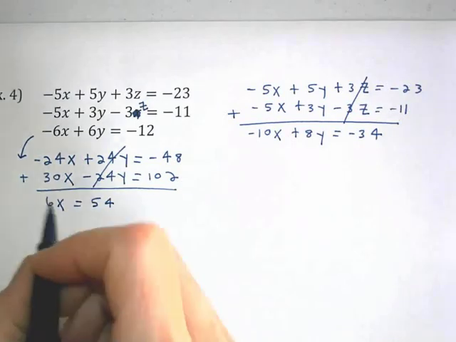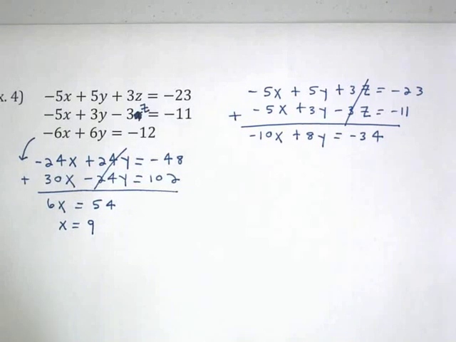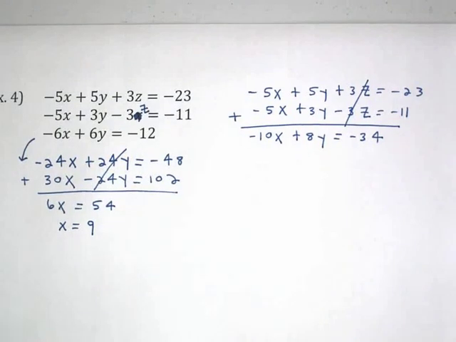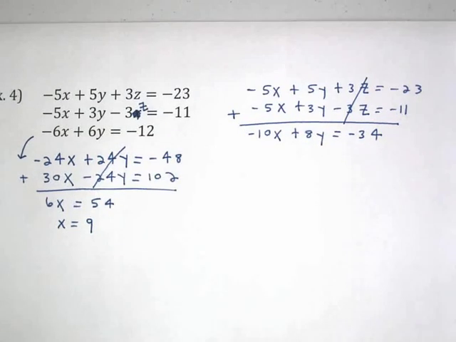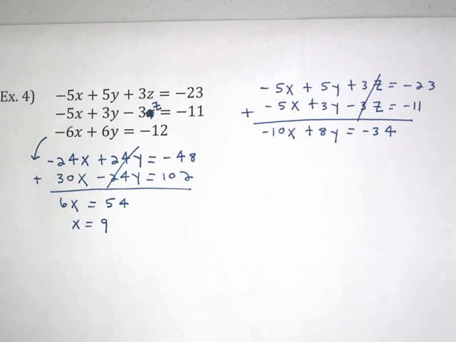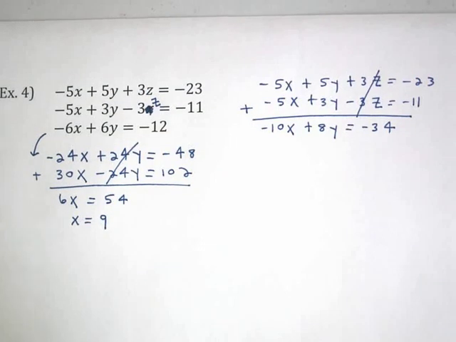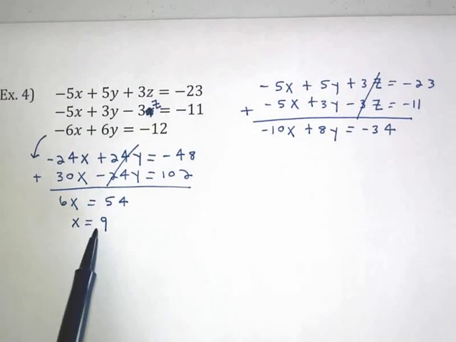And then I get 54 if I do negative 48 and 102, which ends up working out nicely. It means x equals 9. So we're part of the way to our answer now. And we're going to see what happens after this. Like I said, I wrote the problem down completely wrong, so it could end up getting messy.